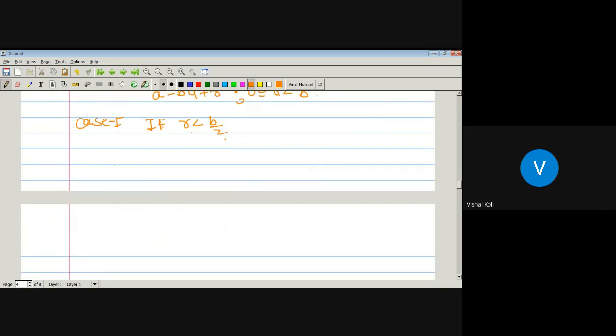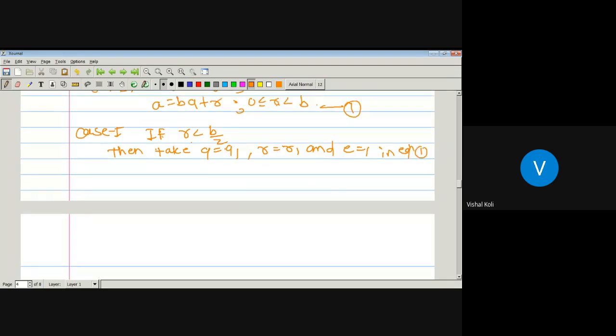As r is less than b by 2, here we will take q as q1, r as r1, and e equal to 1 in that equation of the division algorithm, that is, in equation 1. So equation 1 becomes a is equal to b, Q is Q1, R is R1, and E is equal to 1.